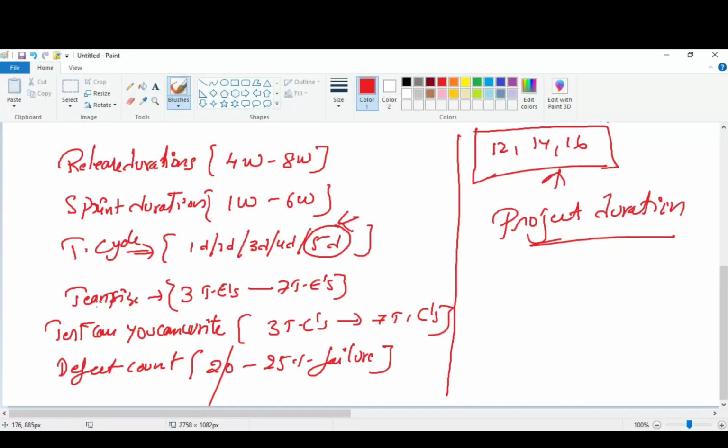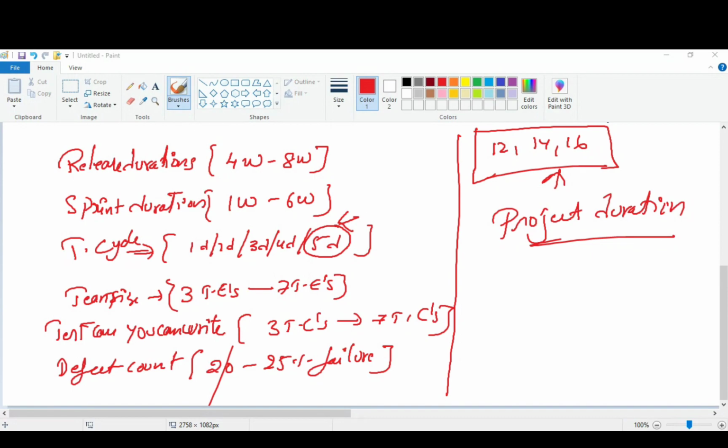Reshma, 3 sprints per release: a 6 weeks release means first 2 weeks one sprint, next 2 weeks one sprint, next 2 weeks one sprint. The third sprint also will have 2 weeks. 30 days, 1 week means how many days?